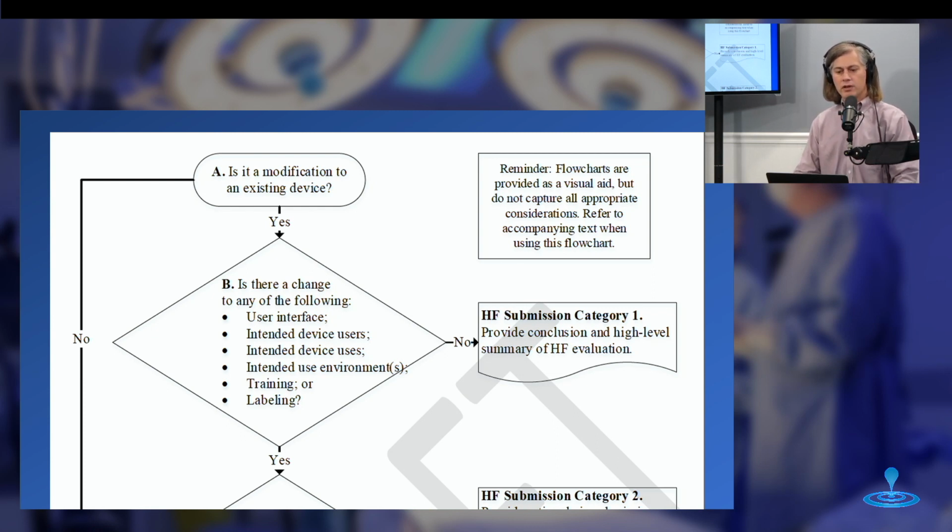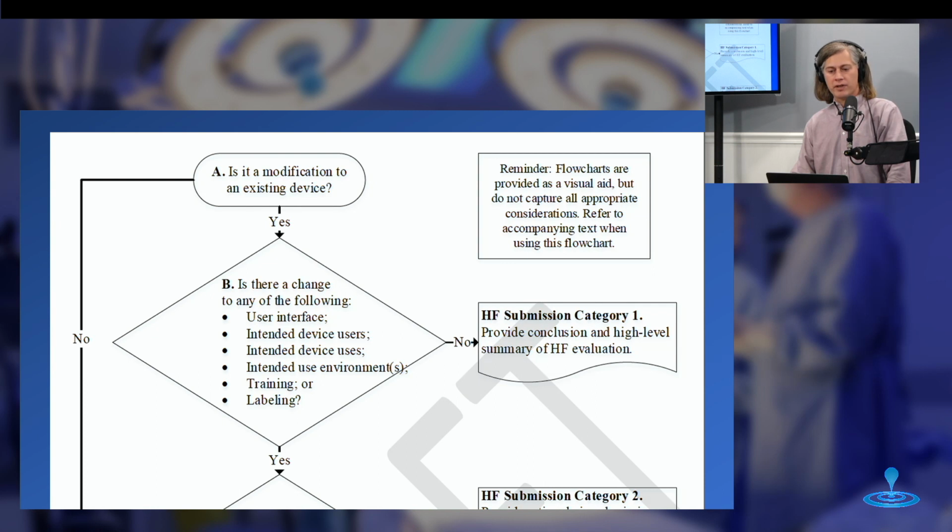Are you changing the user interface? Are you changing the intended users? Are you changing the intended use, the use environment, the training, or the labeling? If you are not changing those, congratulations. You are in Category 1.